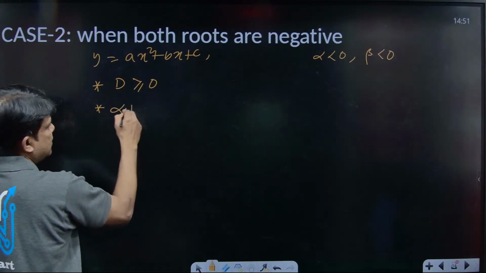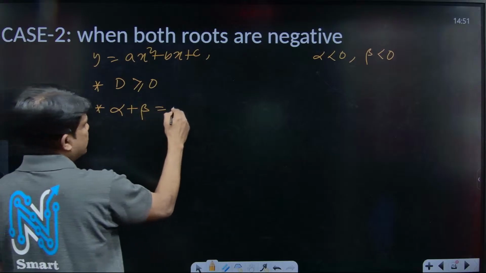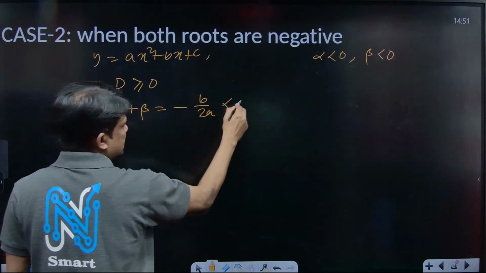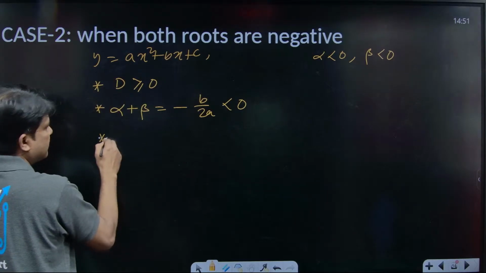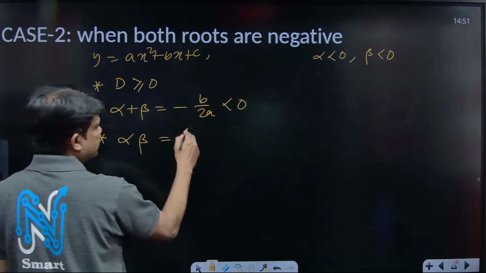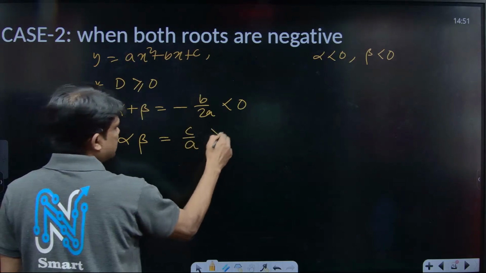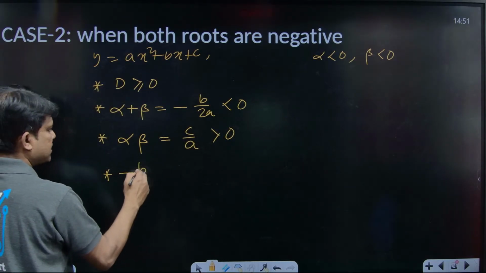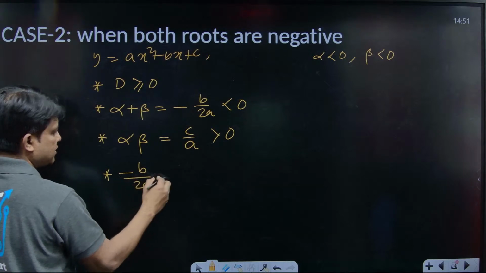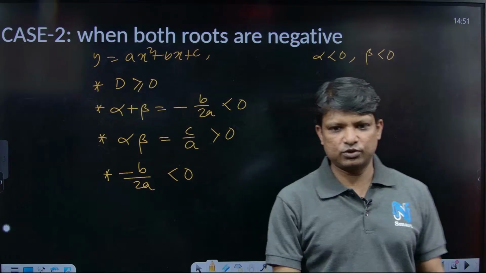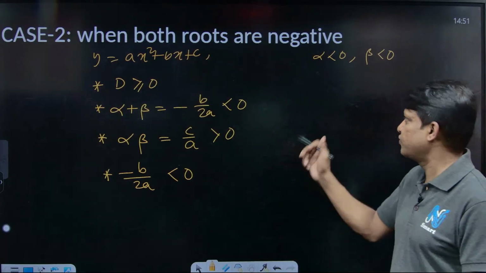Both roots are negative, so the sum of two negative quantities, minus b by a, must be negative. Clear? The product of the roots, both negative, must be positive. C by a positive means a and c have the same sign. And the vertex abscissa, minus b by 2a, obviously lies on the left side of the origin. We have to analyze these 4 conditions.